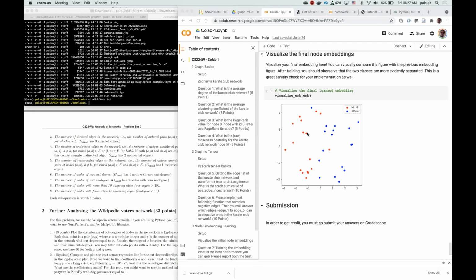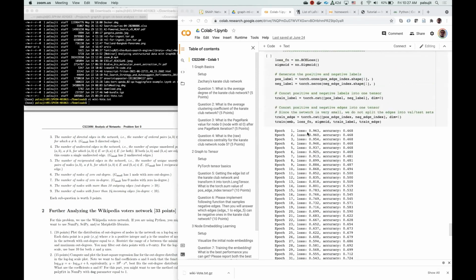So it's basically like word2vec: you take all the nodes that are connected to each other and treat them as one class, and you take all the nodes that are unconnected to each other and treat them as another class.